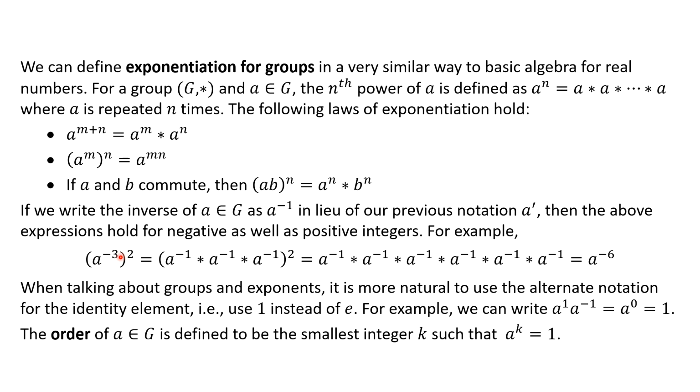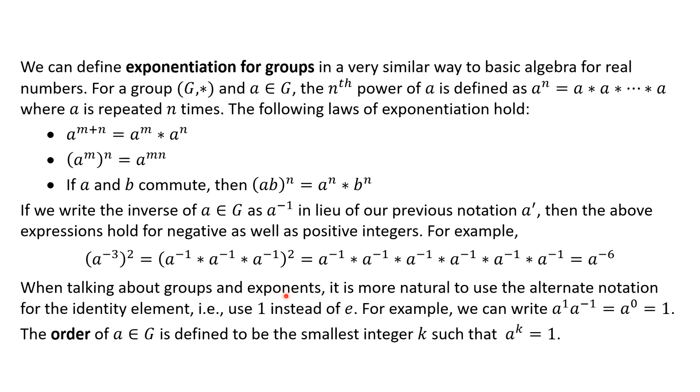So A to the minus 3, using our definition of exponentiation, is A inverse times A inverse times A inverse, all cubed. And then that would just be A inverse times itself 9 times. And we would write that as A to the minus 9. So it's just multiplying the 3 times the minus 3. So in other words, these properties hold even for inverses.